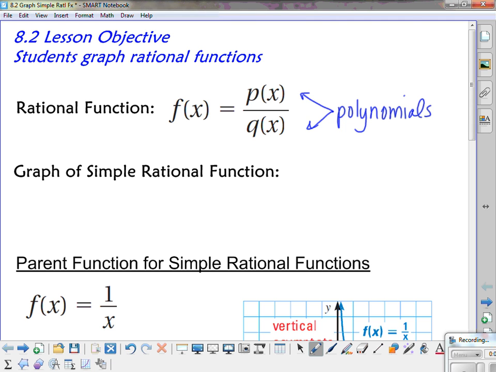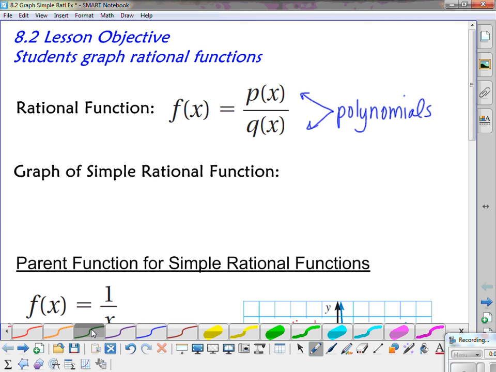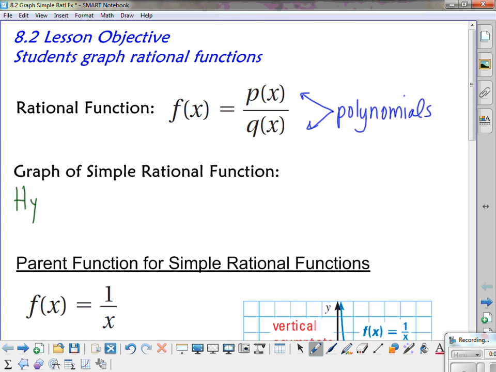And so when I graph it, it comes out to be what we call a hyperbola. A hyperbola has two symmetrical parts that are called branches.